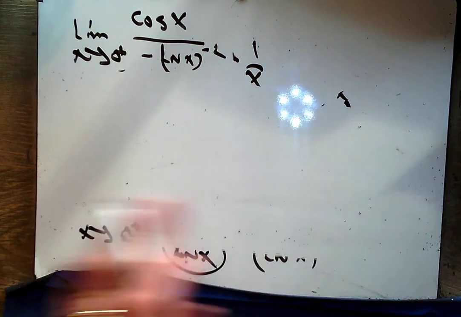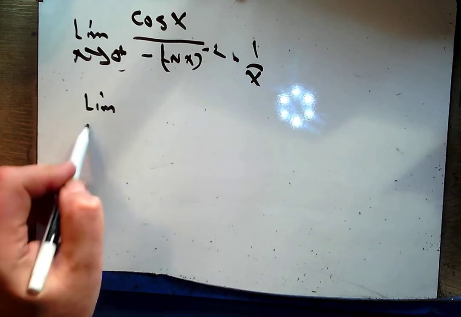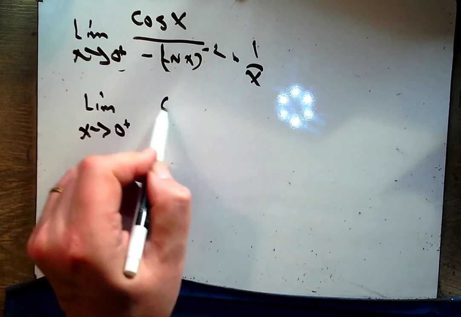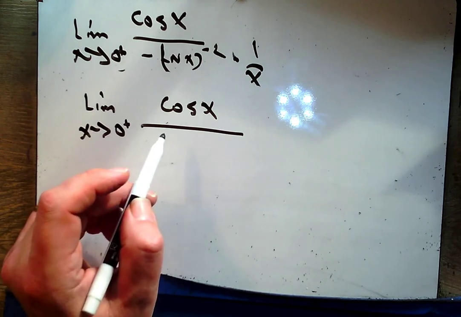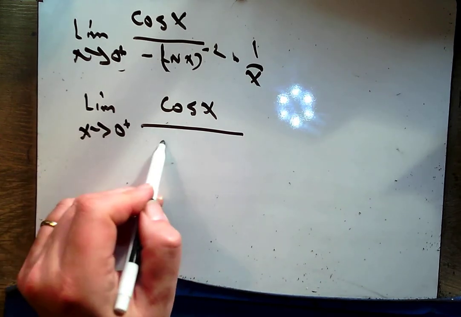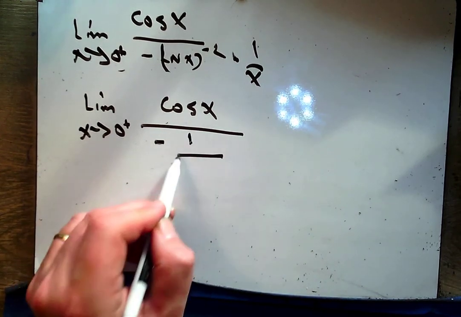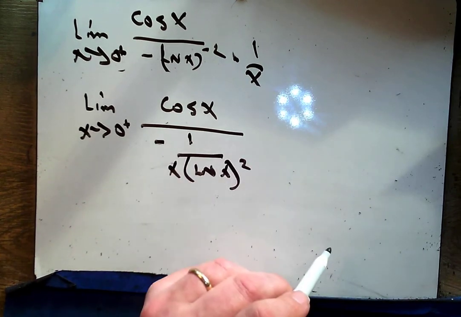Maybe sometimes just rewriting it in a more tiny form. The limit as x heads to 0 from the positive of cosine x over negative 1 over x ln of x squared.